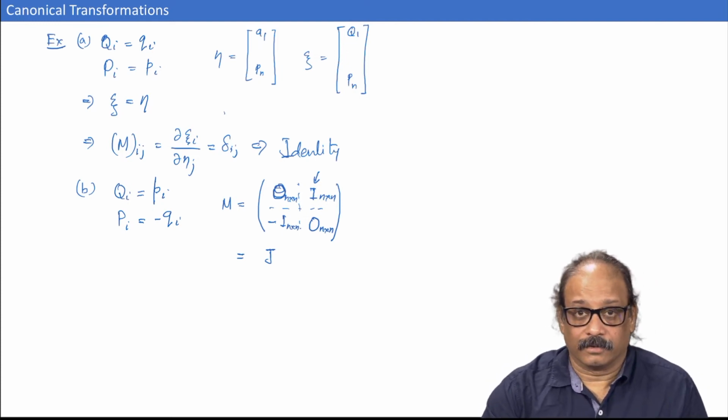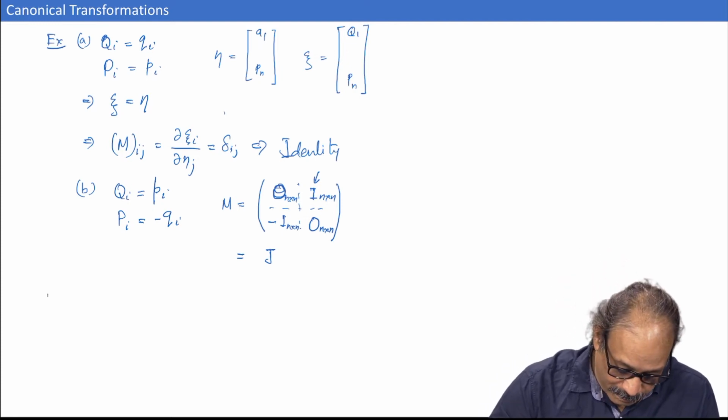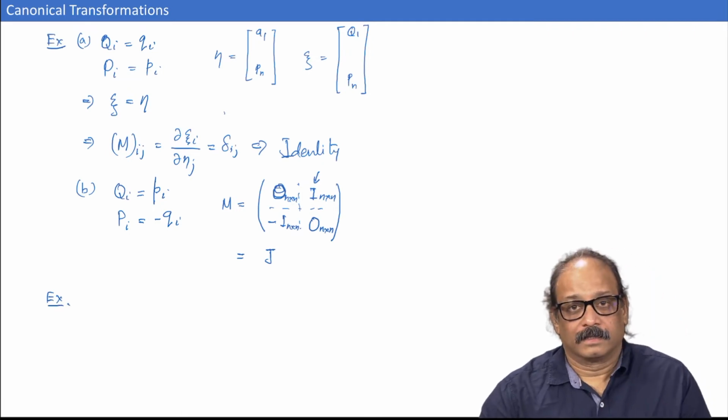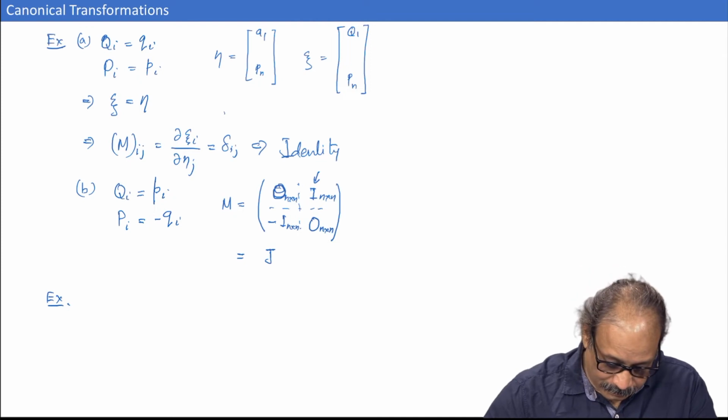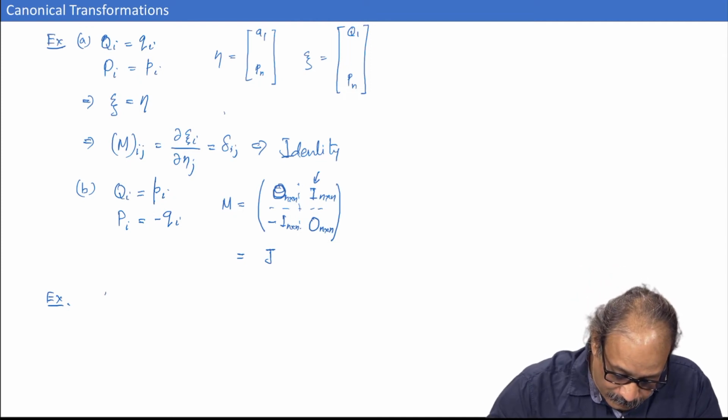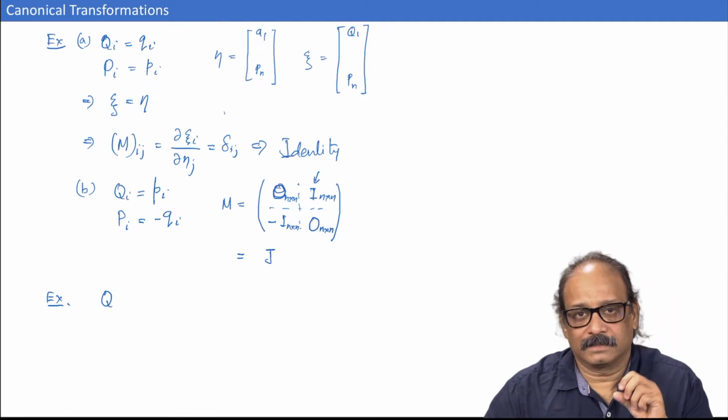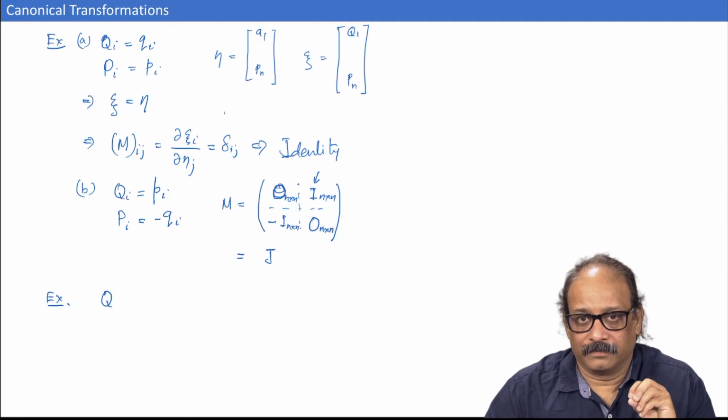Okay. So, one more example. This is the example we had already seen again. So, this transformation is capital Q. I will just stick to 1 degree of freedom for this example.